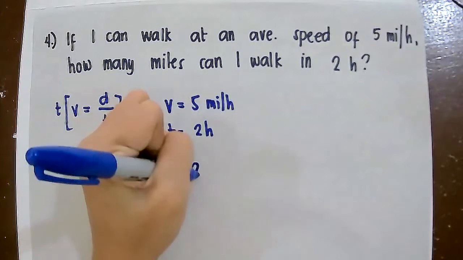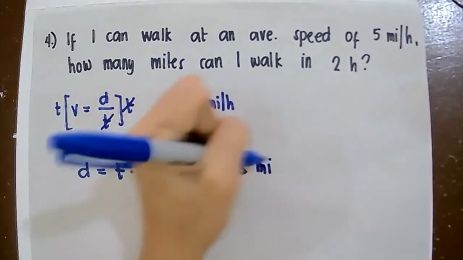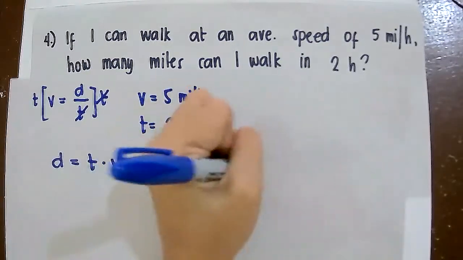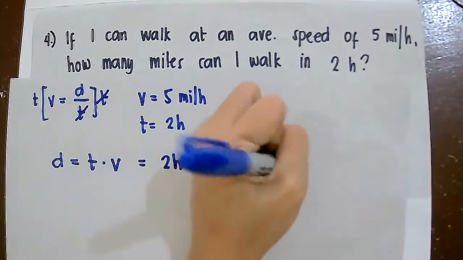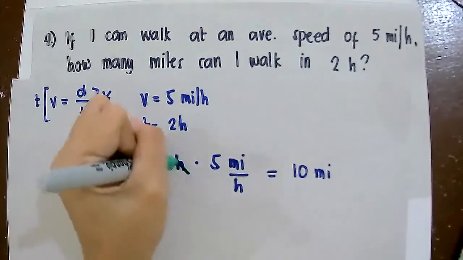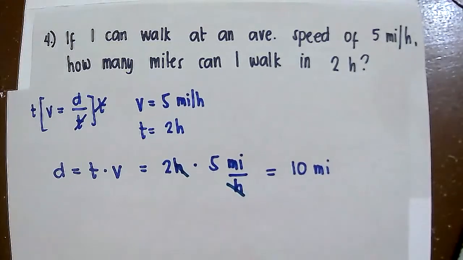So this is 2 hours times 5 miles per hour. Okay? So in this case, you have 10 miles. Okay. Anong nangyari kay R? Si R is maka-cancel out. Okay. So your distance for this problem is equivalent to 10 miles.